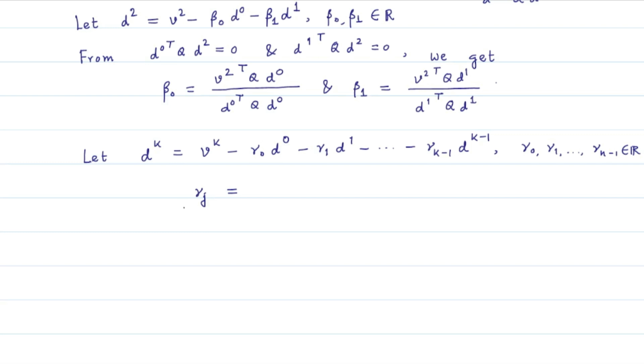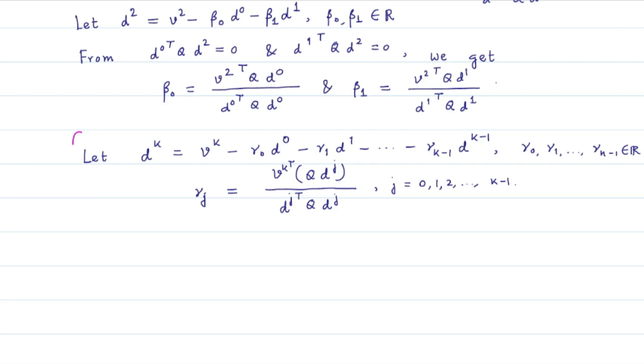Similarly for gamma j, as it is associated to dj, we will have in the denominator dj transpose Q dj. In the numerator we have Q dj multiplied with the vector vk transpose. This is for every j, j equal to 0, 1, 2 till k minus 1.